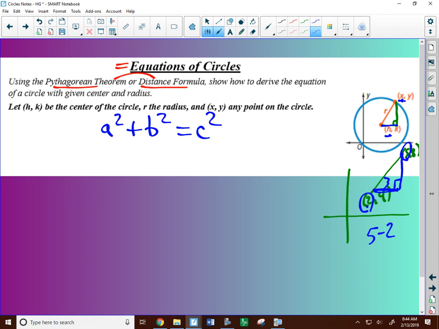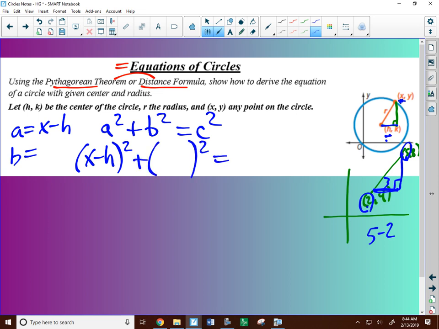So write down the Pythagorean theorem, and our a value is going to be the bottom here. And I just said it's x minus h. That value, 5 minus 2, x minus h. That's a. By the way, you could write these separately first if you wanted. I'm just plugging them in already. Then same idea for the vertical, the b value. It's 4 to 8, so it'd be 4.